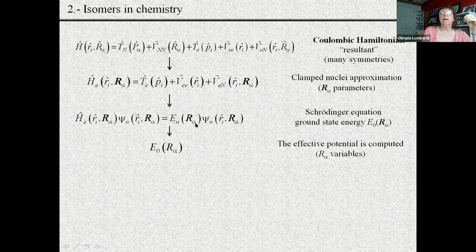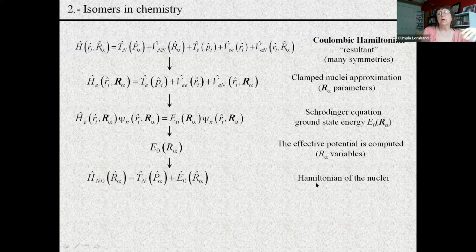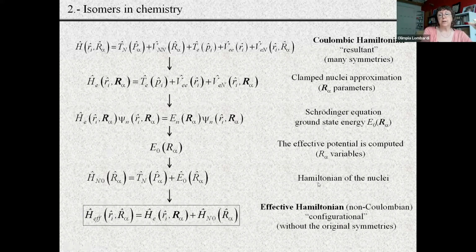compute this energy for different configurations, different positions, different numbers for these parameters, and so we obtain the effective potential of that molecule, and then we obtain the Hamiltonian of the nuclei, and with the Hamiltonian of the nuclei, we obtain the effective Hamiltonian, I mean, the configurational Hamiltonian that is not Coulombic anymore. And so it does not have the original symmetries that the Coulombic Hamiltonian had.